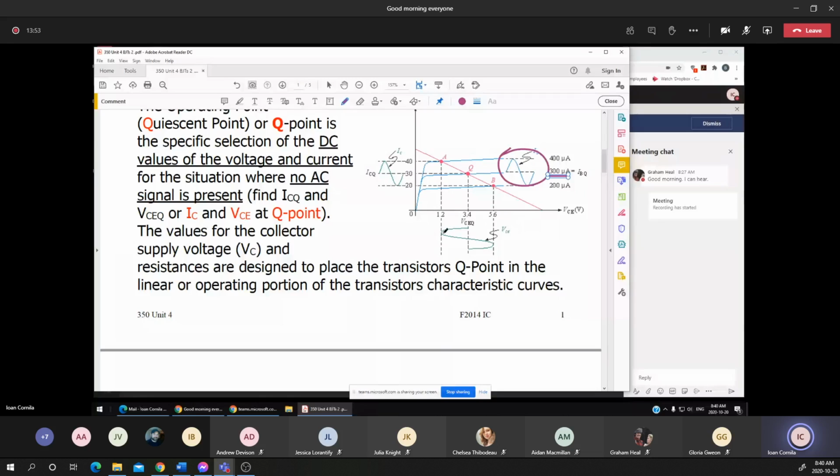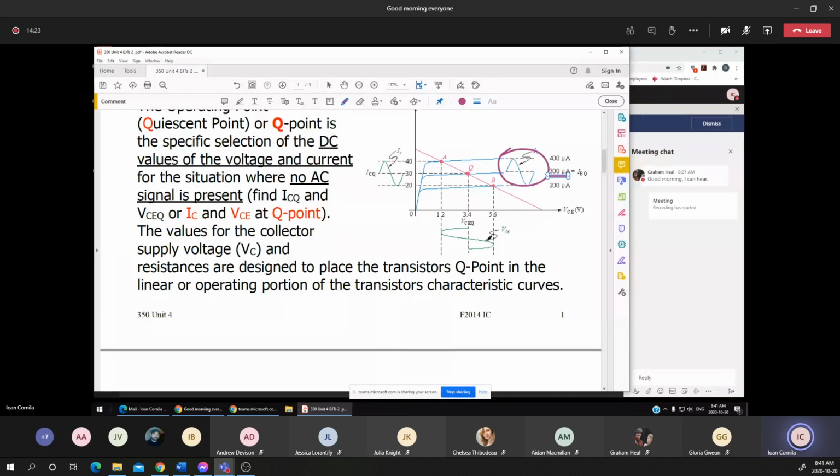At the same time, if I'm looking to determine the output voltage, that was in terms of the current, but in terms of the voltage, that's the VCE at the Q point. That's why you'll see the third index as the Q, meaning it's the Q point value, or the quiescent value.